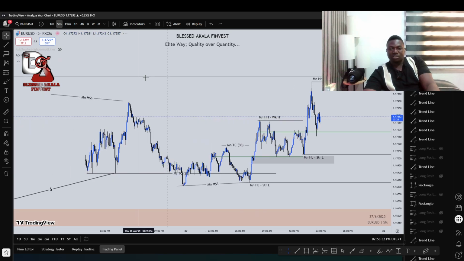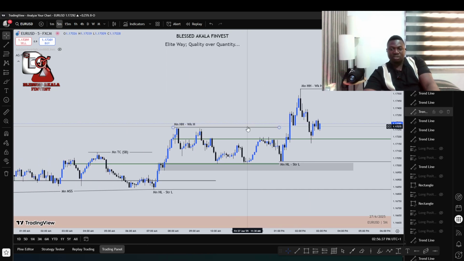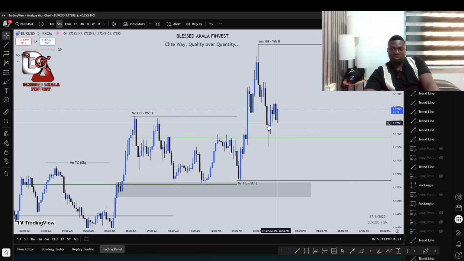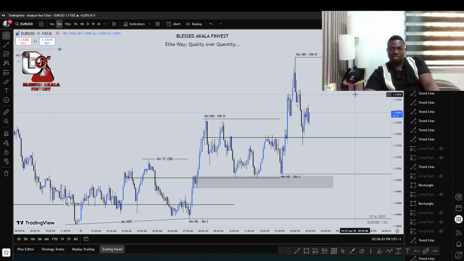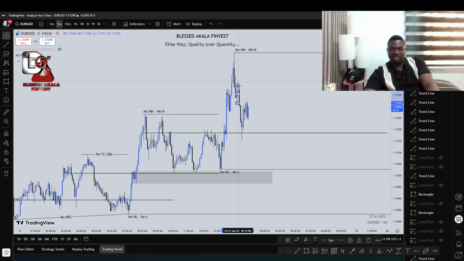But let's try and study it on a lower time frame to see what we can be anticipating from the level. So if we look closely at what is happening currently within this leg, this is what we are trying to navigate through now. This is the only level that is giving me concern with what we are having in the market.